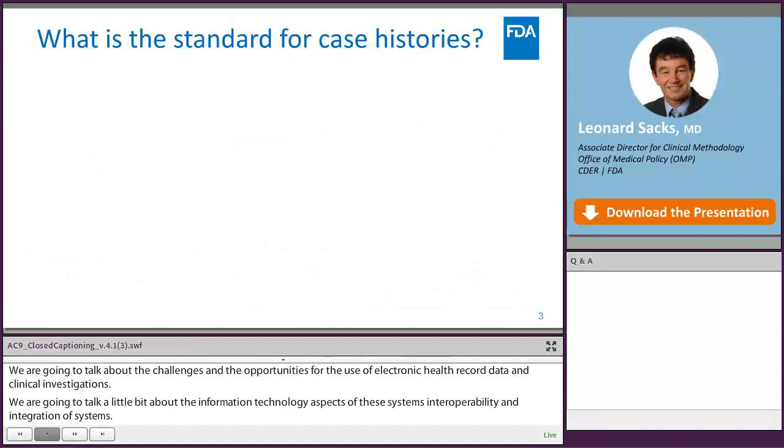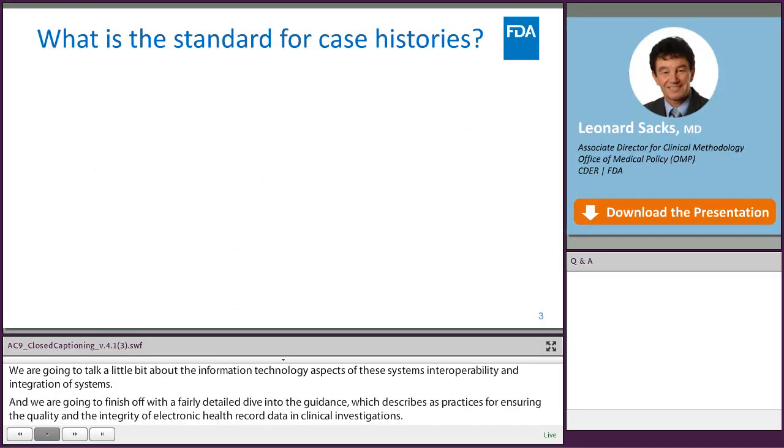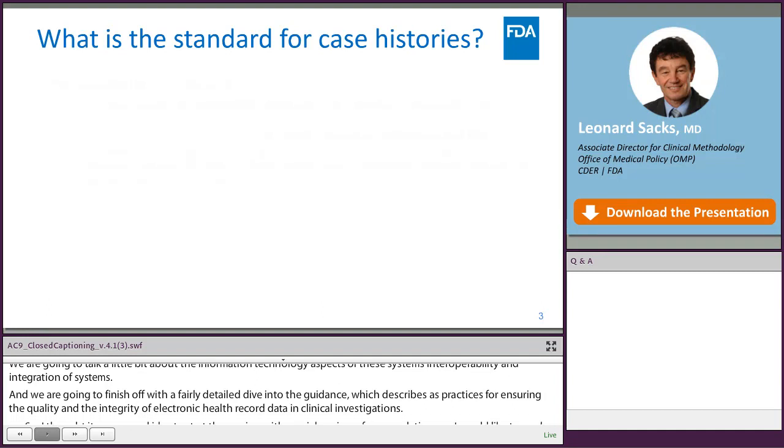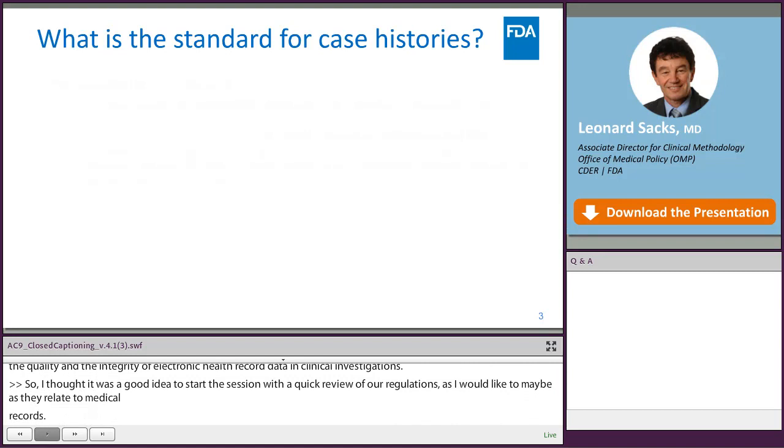So I thought it was a good idea to start the session with a quick review of our regulations as they relate to medical records. This is the section that comes out of 21 CFR 312. What it says is an investigator is required to prepare and maintain adequate and accurate case histories that record all observations and other data pertinent to the investigation on each individual administered the investigational drug or employed as a control in the investigation.